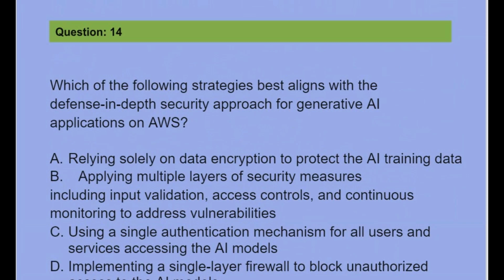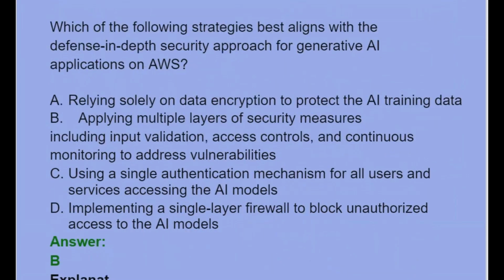Question is, which of the following strategies best aligns with the defense in-depth security approach for generative AI applications on AWS? Option A, relying solely on data encryption to protect the AI training data. Option B, applying multiple layers of security measures including input validation, access controls, and continuous monitoring to address vulnerabilities.